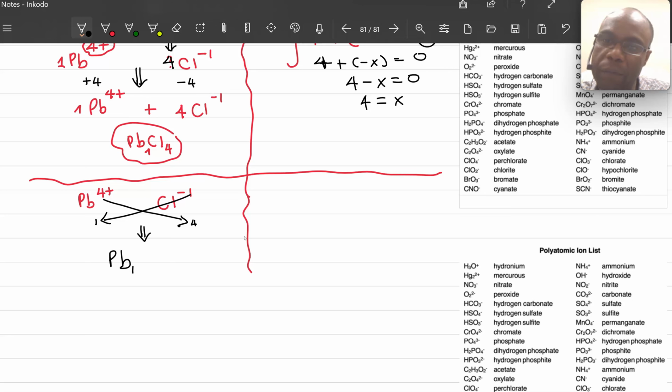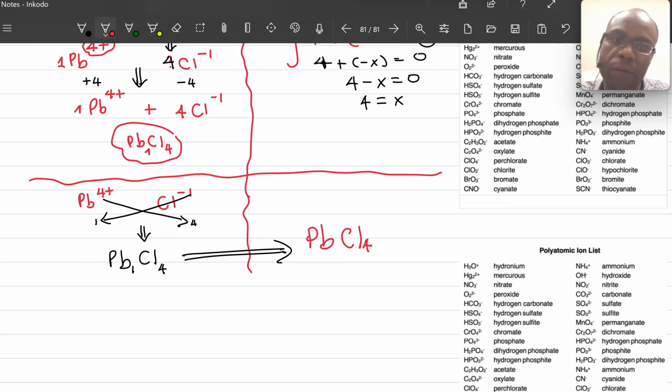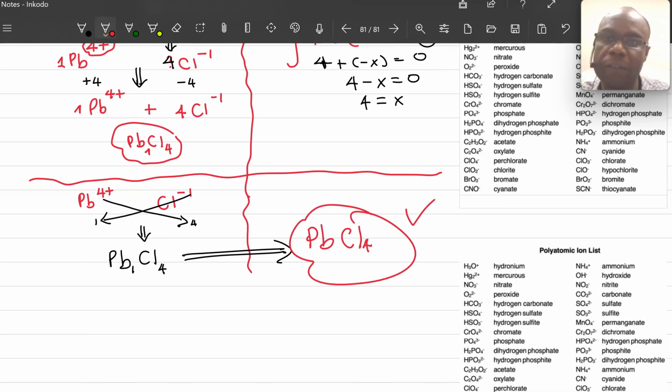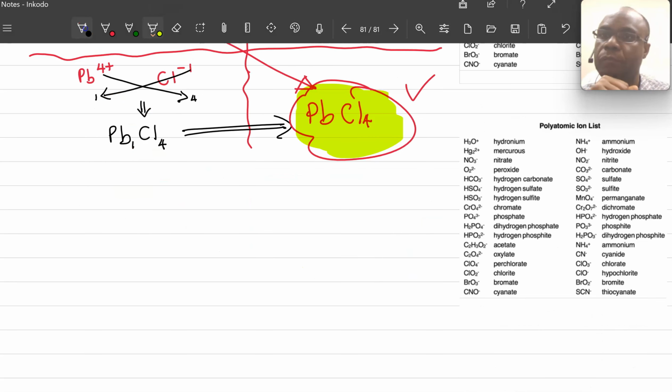We end up with Pb1Cl4. We don't need parentheses. Chlorine is not polyatomic. And this can be written implying the 1. So it will be PbCl4. That is the final answer. And you see, it is the same as what we got with the first method. I like the second method better because you just drop the powers. That's the answer. Let's try the last example, number 3.